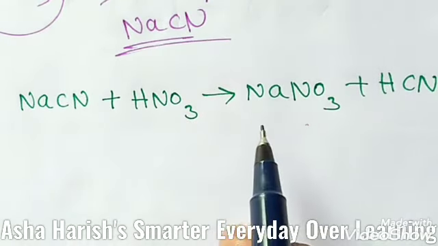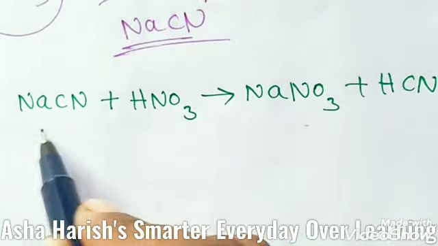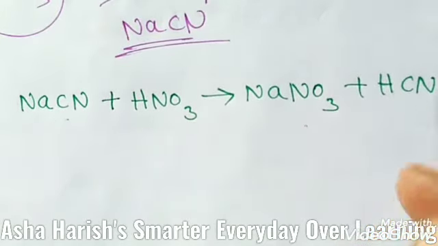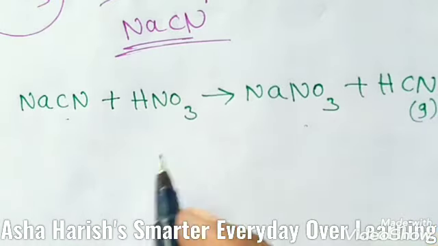or sodium sulphide also formed during fusion. This is the equation: sodium cyanide plus nitric acid gives sodium nitrate, and hydrogen cyanide is formed in the gaseous state.